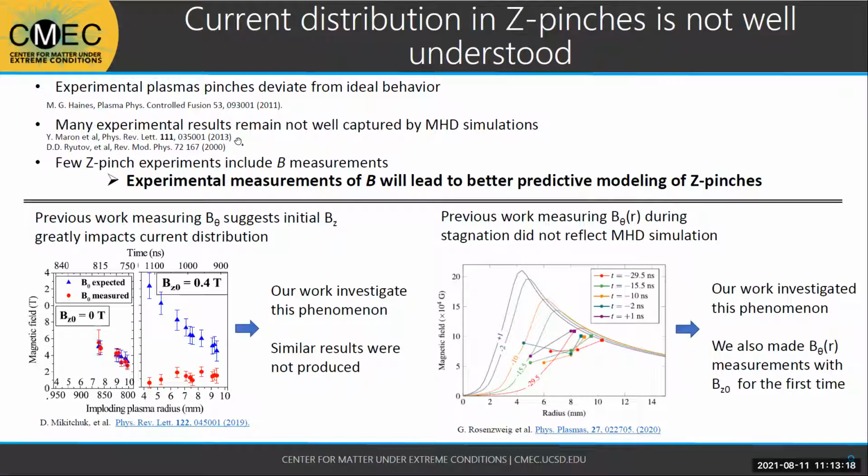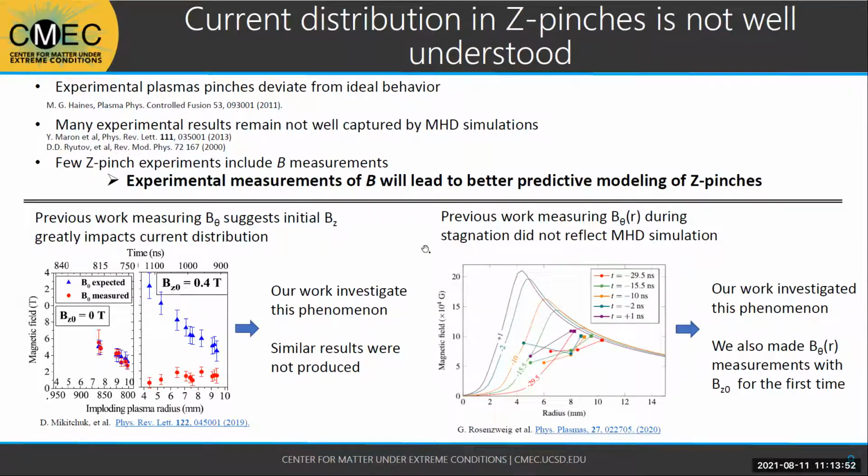It was found that the dynamic pressure of the incoming plasma was responsible for the stagnation pressure balance. This deviates from the more simplistic view of the Z-pinch process. The only way you can study that is by measuring the magnetic fields experimentally to see what's really going on. So having more of that data is very important.